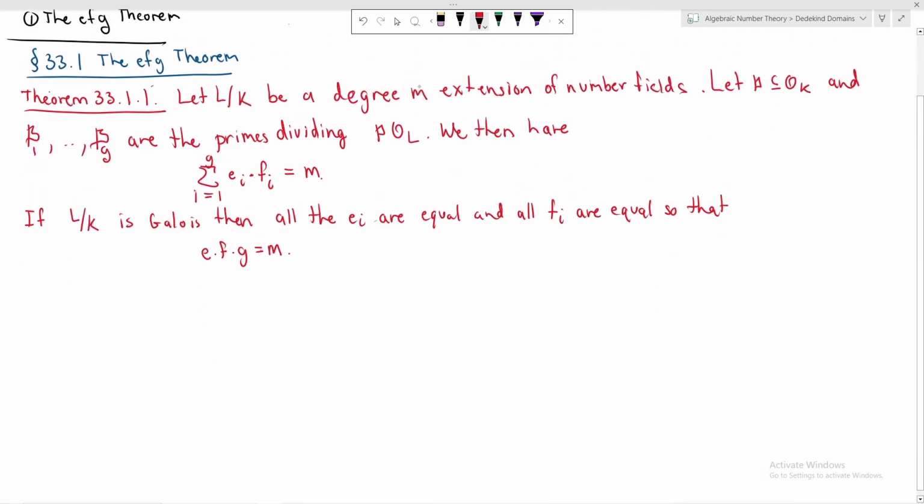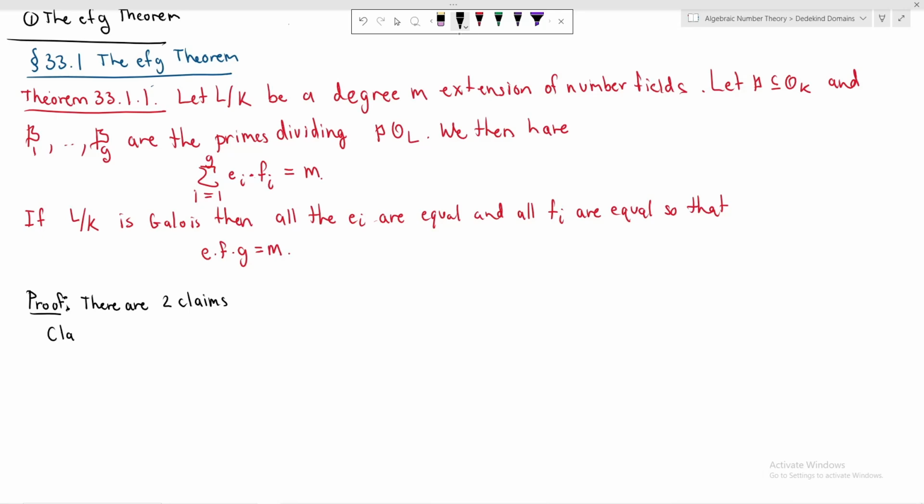Okay, so why don't we go ahead and jump right into the proof of this fact. So the previous lecture was pretty much set up for this proof. So we're going to kind of rely on some of the lemmas we proved in the previous lecture. And there are really two claims here. So there's the general claim, and then there's the Galois case. And the proof will kind of naturally break up into two different pieces.